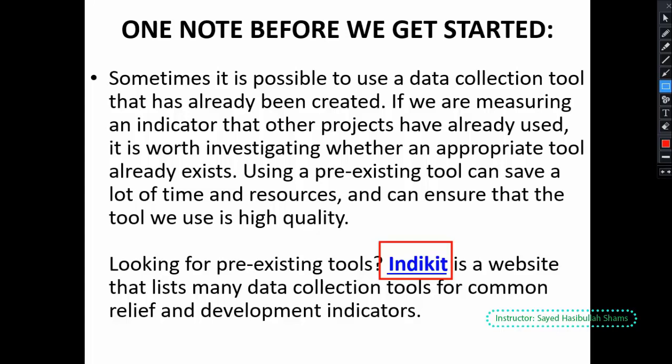Anyway, if you did not find your favorite tool, or the tool that you would like to collect data with, then you can develop your form on your own, but that will be very time consuming, and it needs resources and a good expert, because data collection tools take time.